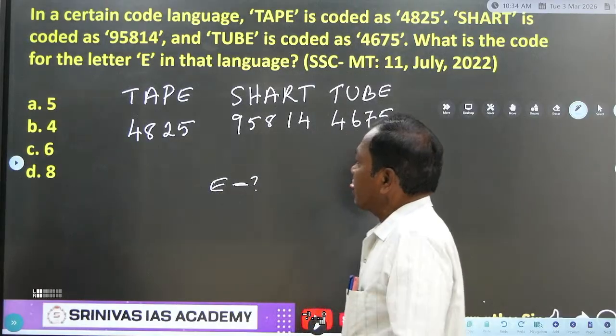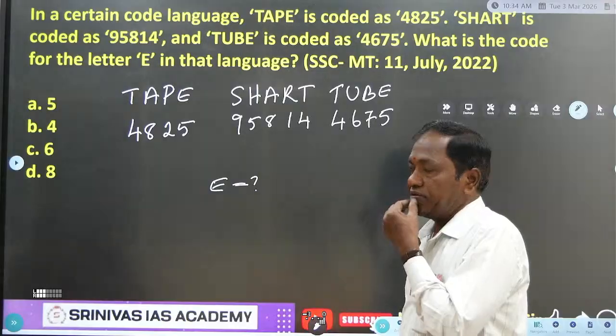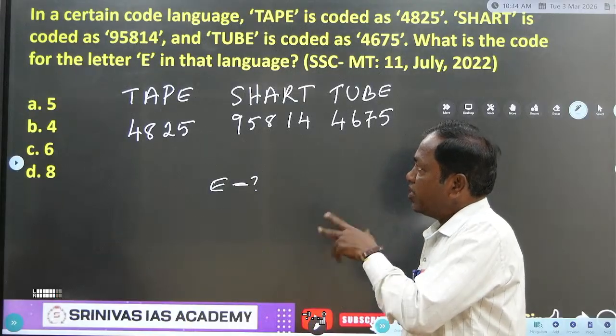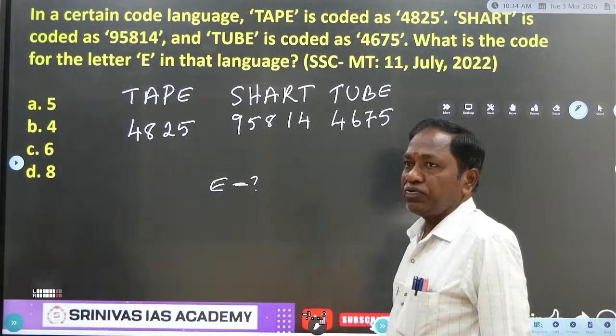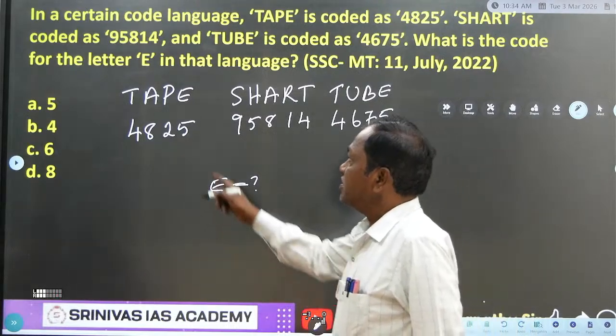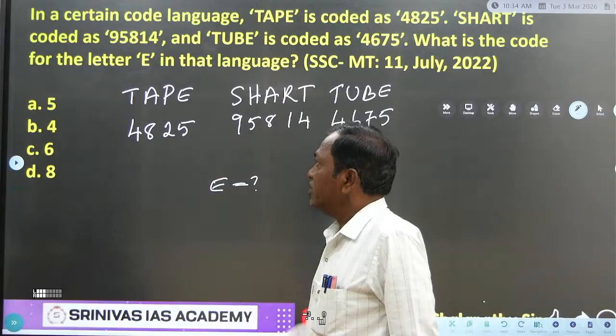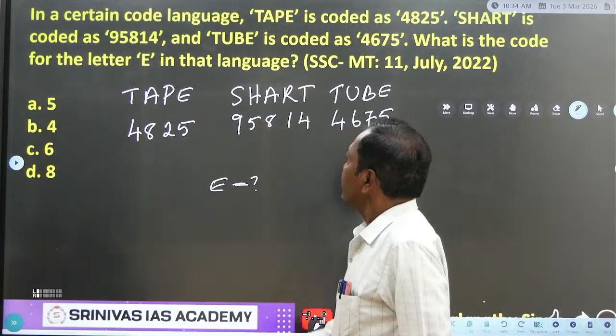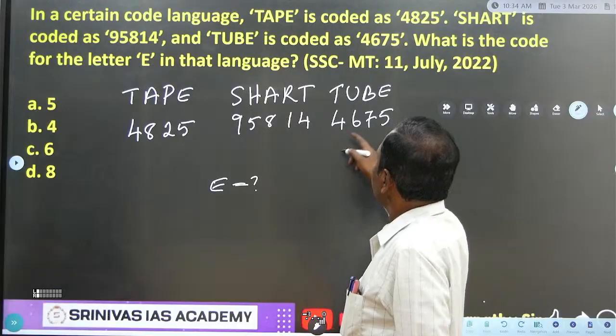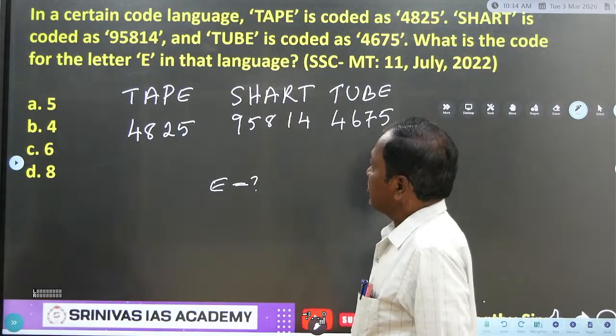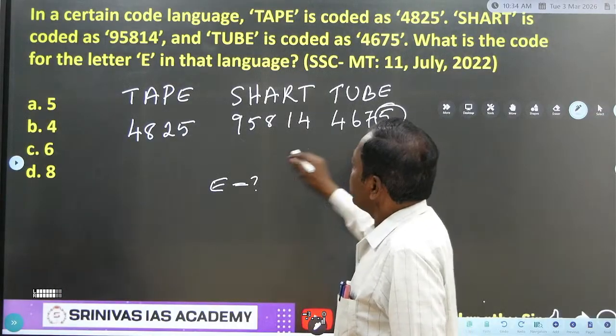It's a question mark. There are three words, and you have to look for the same letter again. What is being asked is the code for E. E is the fifth letter from the beginning, and in short also you can see E. So definitely this is the option.